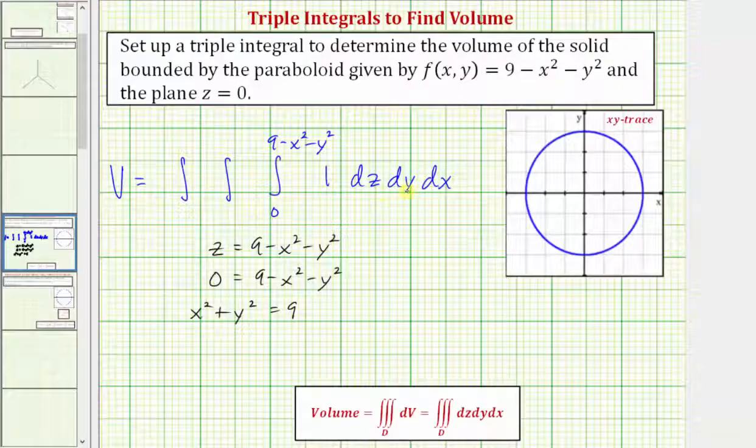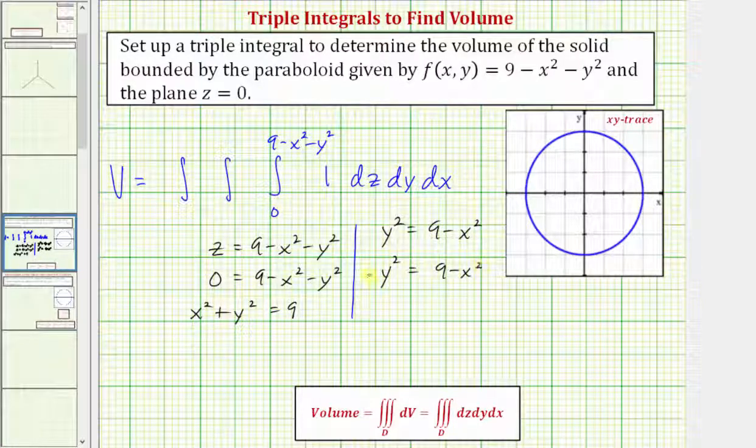So now to find the limits of integration for y, we do need to solve this equation for y to determine the equation that bounds this area in the xy plane below and above. So solving this equation here for y, we'd have y squared equals 9 minus x squared. And now if we take the square root of both sides of the equation, we're going to have y equals plus or minus the square root of 9 minus x squared.